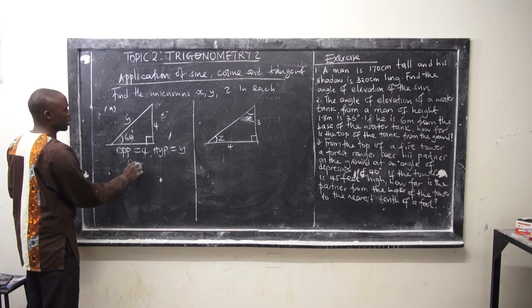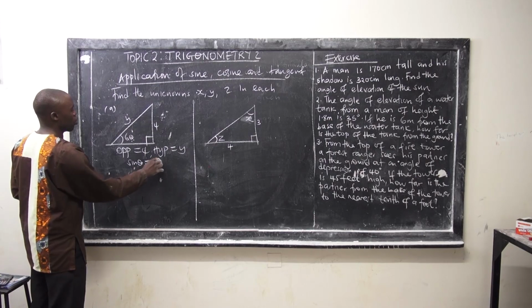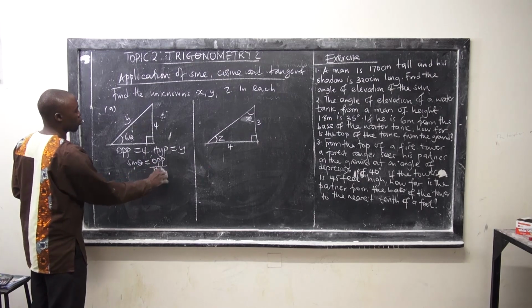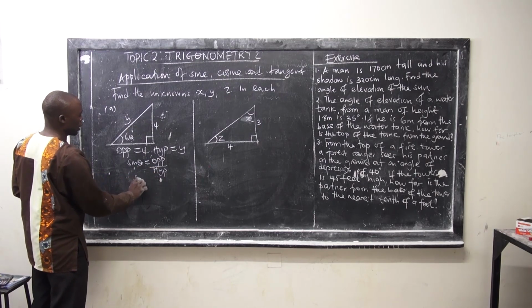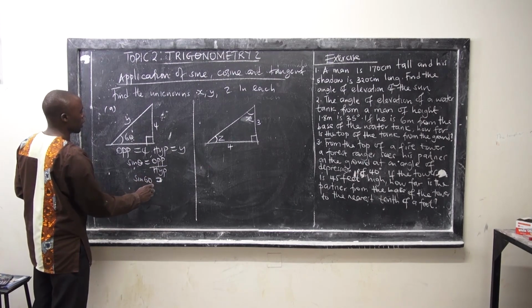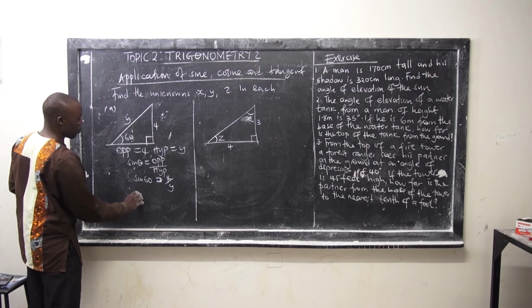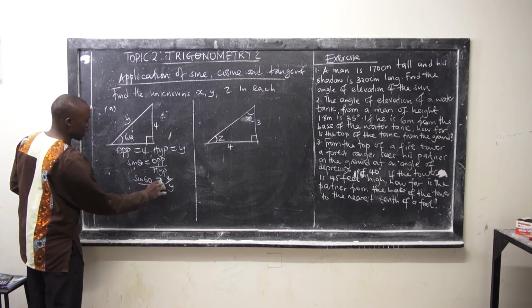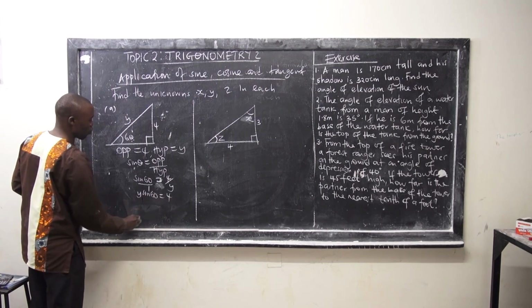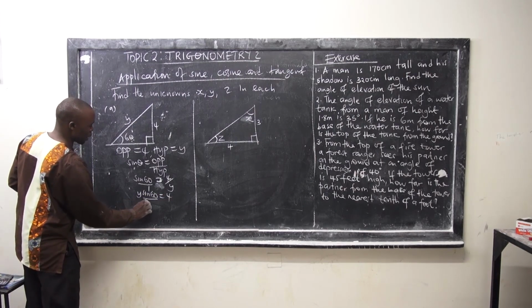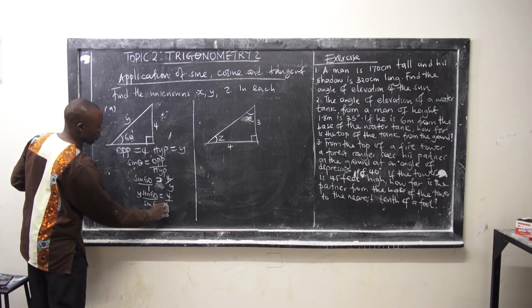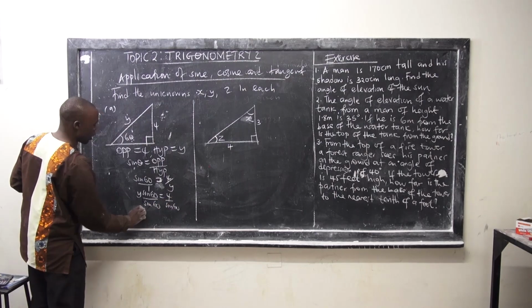We can apply sine theta is opposite over hypotenuse from SOHCAHTOA. So sine 60 is the opposite, which is 4, divided by y. By cross multiplying, we see that y sine 60 is equal to 4. Dividing through by sine 60, we arrive at y.